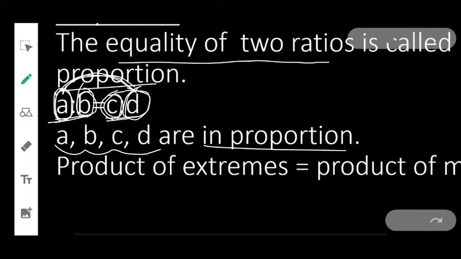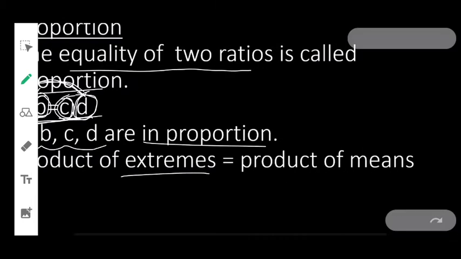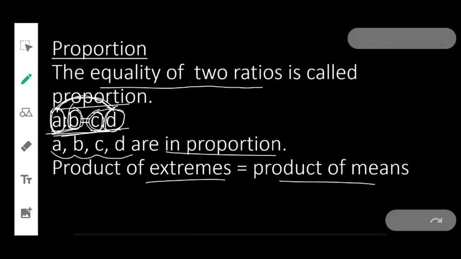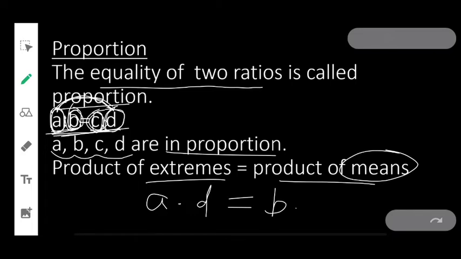And there is a relation between these two ratios: the product of extremes equals the product of means. The extreme terms are A and D, so A into D equals the product of means, B and C. So AD equals BC.